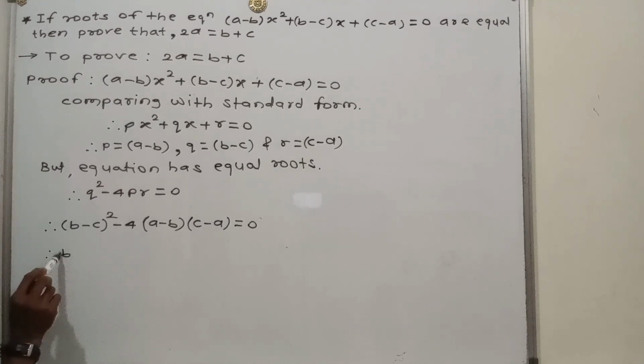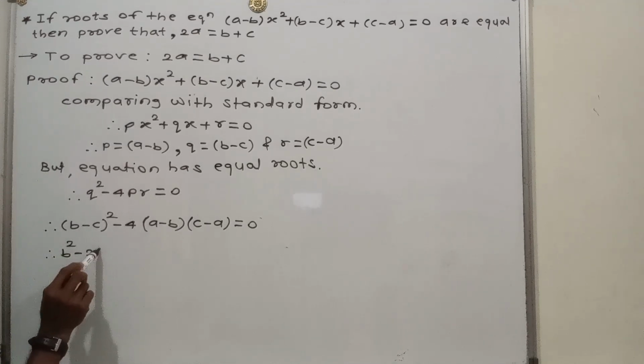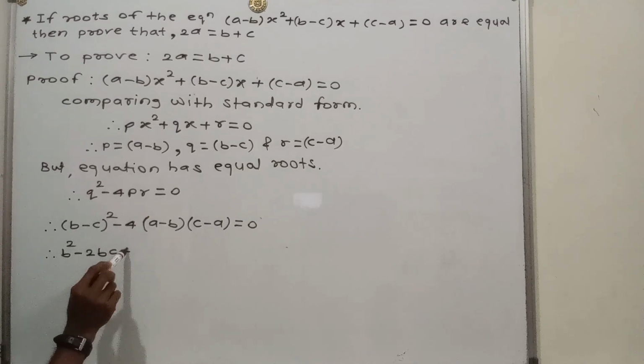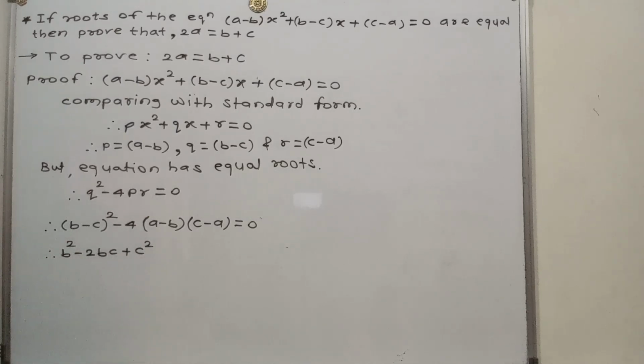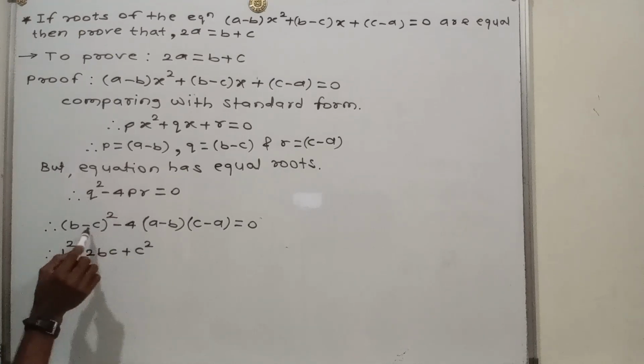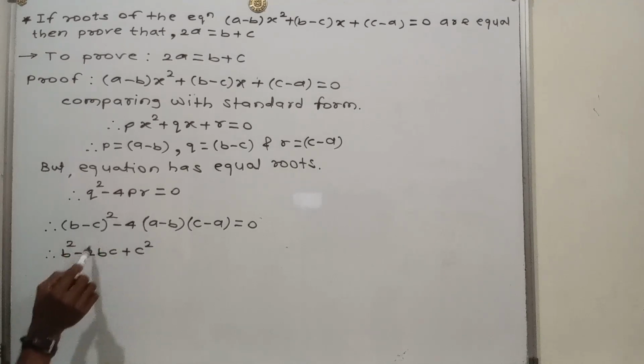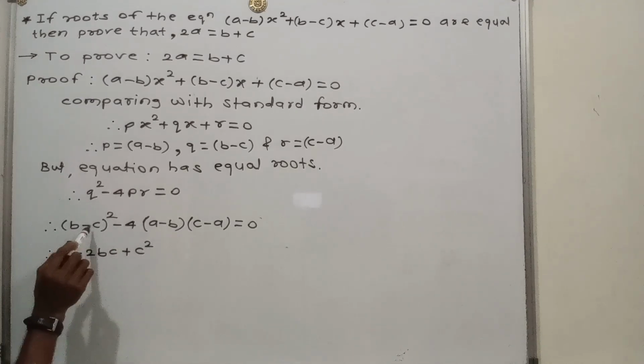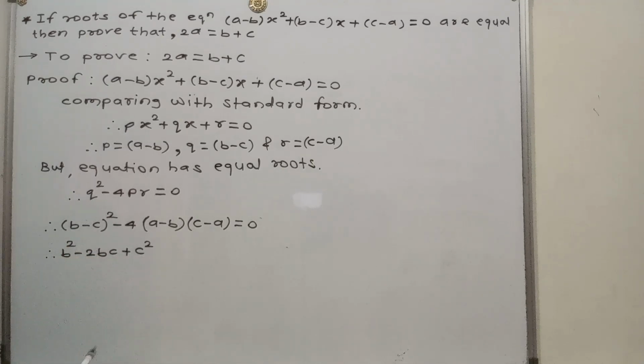Now, expansion of (b − c)²: b² − 2bc + c². Because of the square, this sign is minus, we write 2bc plus square of c.